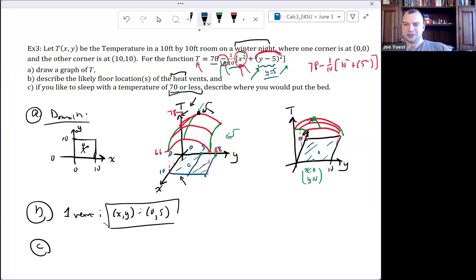So what am I really asking? I'm asking, when does my function have height 70 or less? This is a nice monotone function. As I move in a given direction locally, it just keeps going in that direction. It's a little bit bad to call it a monotone function, but at least for the left half or the right half of the y's, it maybe is.